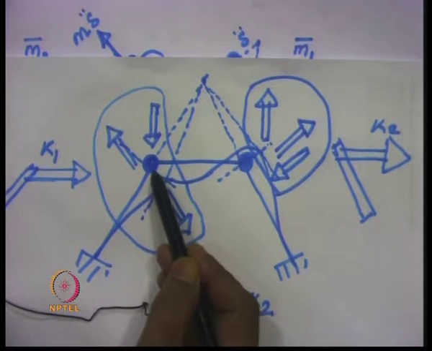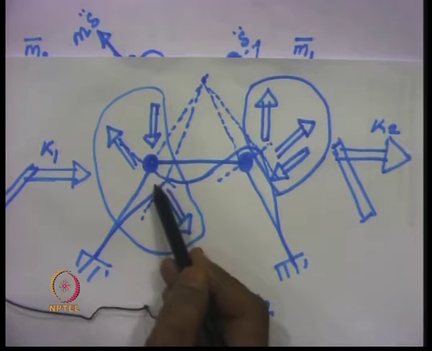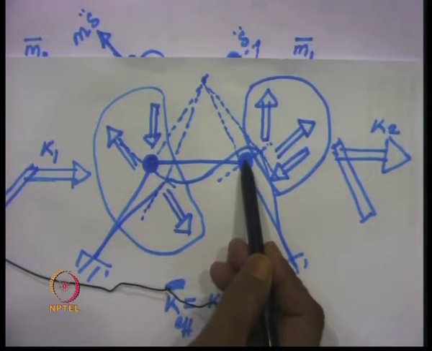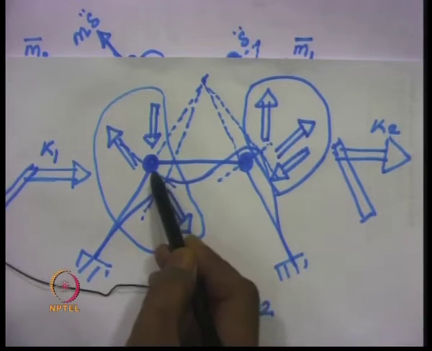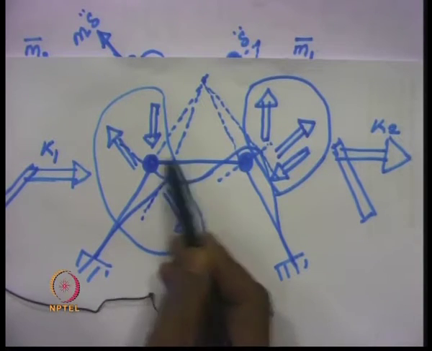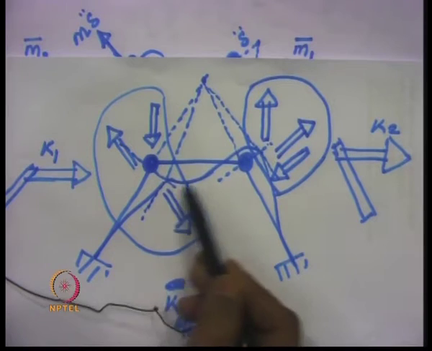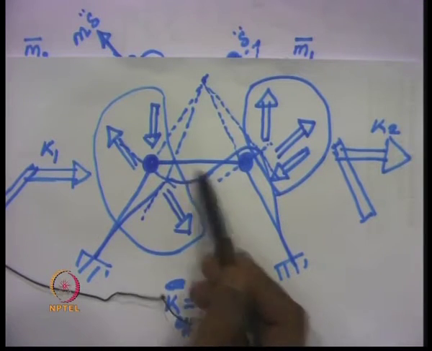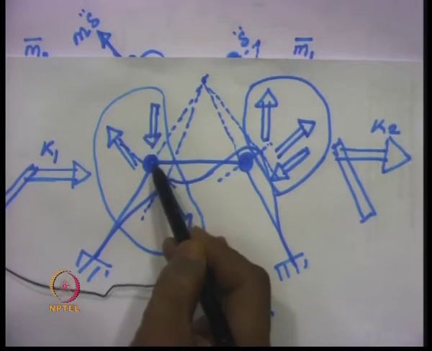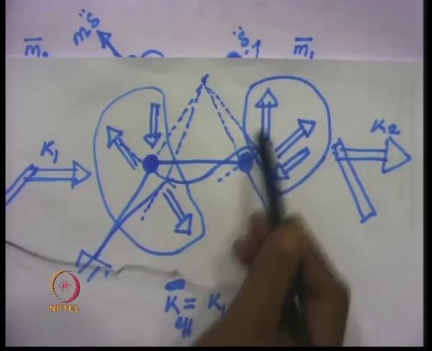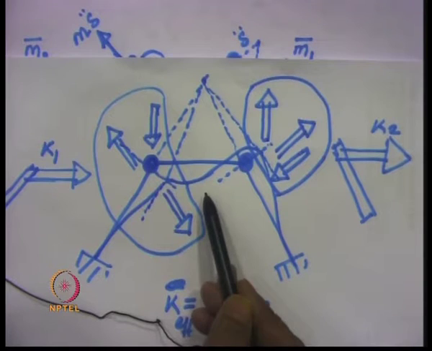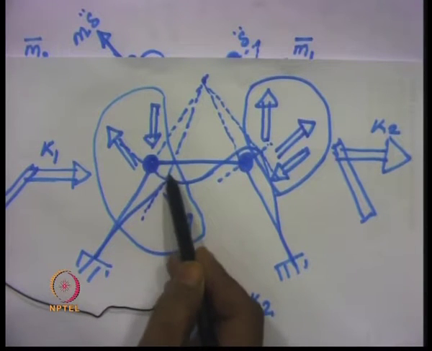In this beam, the relative displacement in the vertical direction between these two points can be worked out from the knowledge of this and this, and for that relative displacement we will have a shear force acting in this direction over here and a shear force acting in this direction over here, and there will be a rotation also.